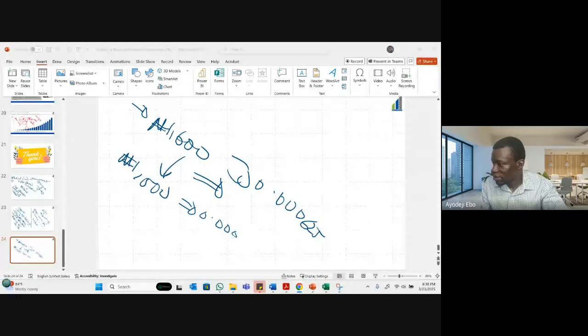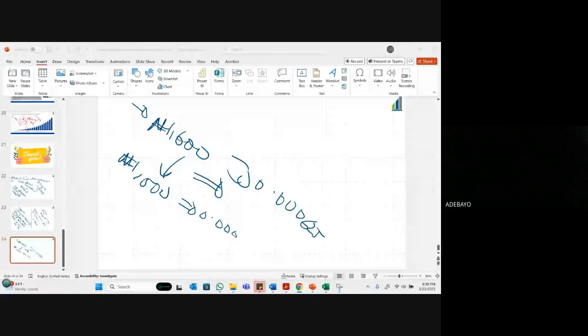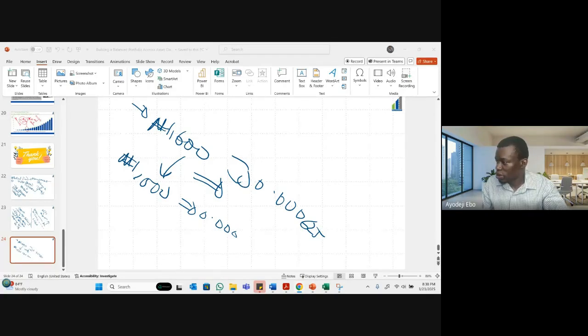My second question is, at what point do we need to add insurance to our investments? Okay, very good question. At the beginning, you can decide depending on the level where you are. When we talk about insurance, there are different types.